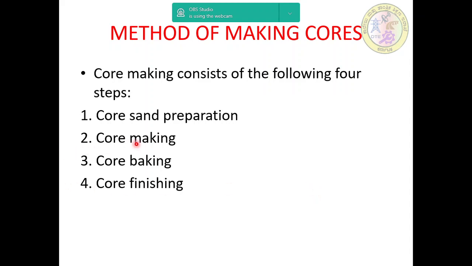Here cores are prepared manually or using machines, depending on the needs. Machines like jolt machine, sand slinger, core blower, etc. are used for large scale continuous production, while small sized cores for limited production are made manually.